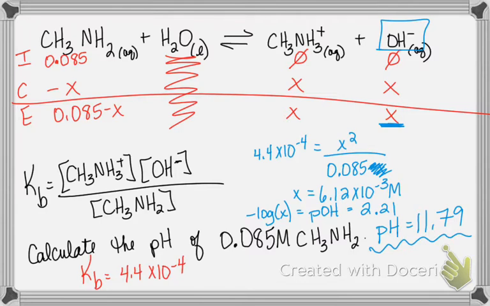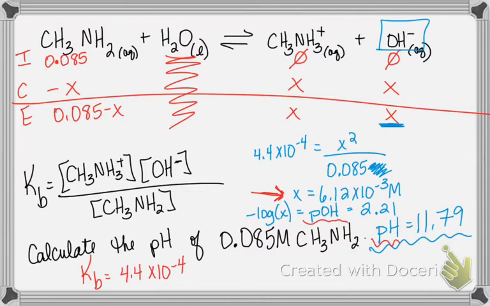That's the answer. So, to clarify, there's an extra step when you're dealing with the base, because X is the hydroxide ion concentration. So you've got to go through the pOH to get to the pH. How do you keep that straight?